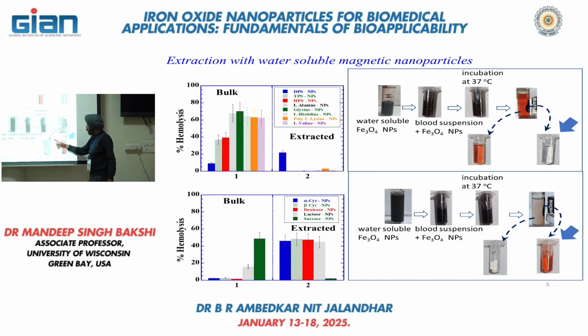What's the meaning of this? There are no blood cells left in this sample. That's why there is no color. Here, all blood cells are extracted intact. So when I put them in pure water, they are going to burst. So the intensity of the color corresponds to the number of blood cells extracted. As more and more color is there, more and more blood cells are extracted. And that's what you are seeing in the image.